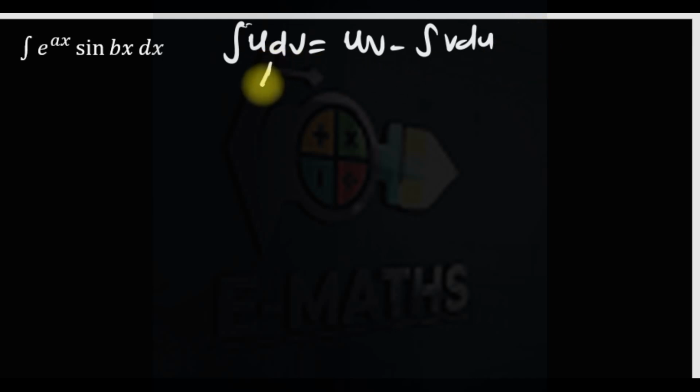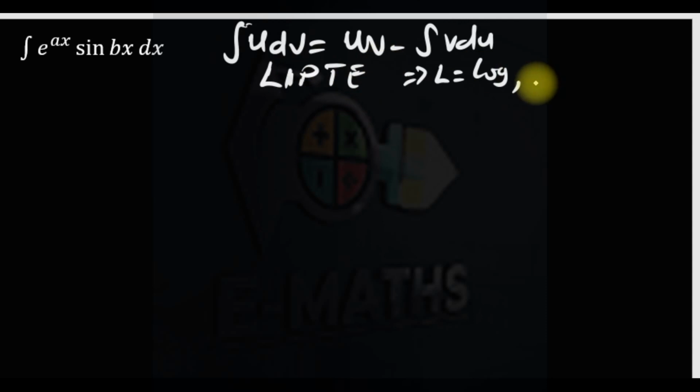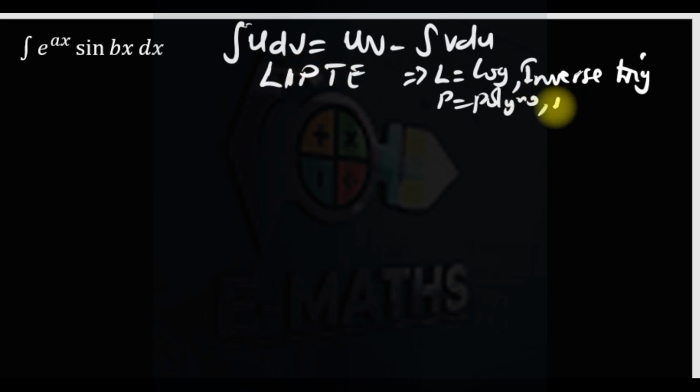So I gave what we call LIPTE, where L is for logarithm function. You check if there is a logarithm; if it's there, that is u. R is the inverse trig function, P is polynomial, T is trigonometric, while E is exponential.